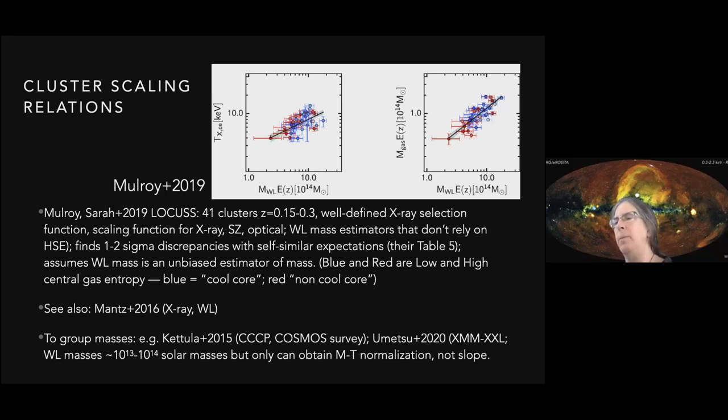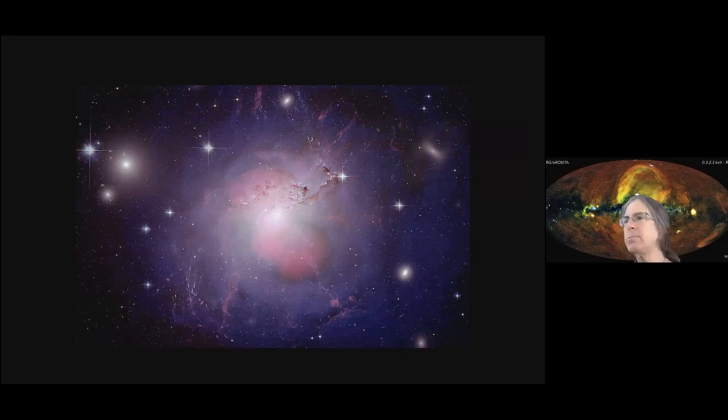These projects have weak lensing masses that probe that 10 to the 13 to 10 to the 14 solar mass scales, but it's noisy, and so a lot of those works are often fitting just the normalization. They're assuming the same slope, and it's still very, very tough work.